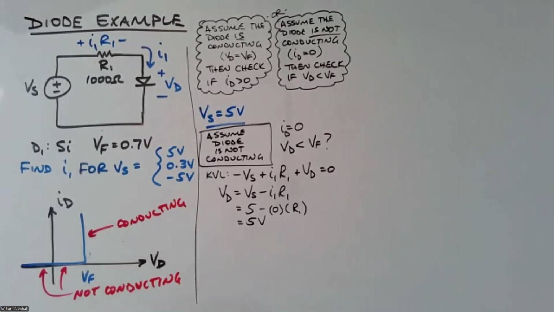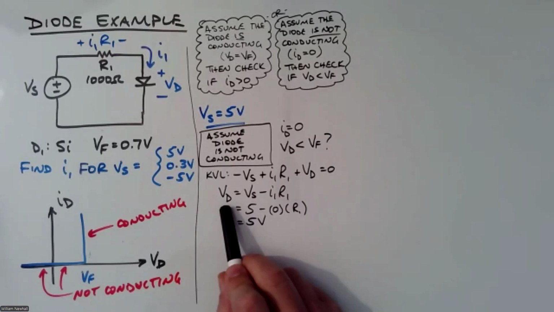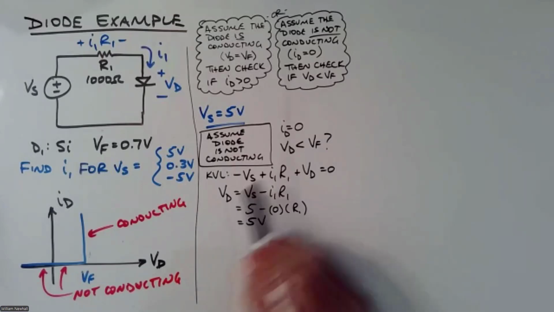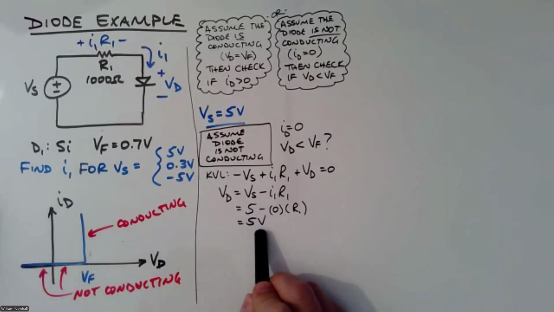So I made this assumption that the diode was not conducting, and then I checked what VD is if there's no current flowing through the diode, and I found that VD would be equal to 5 volts.